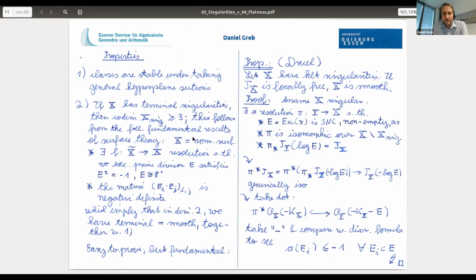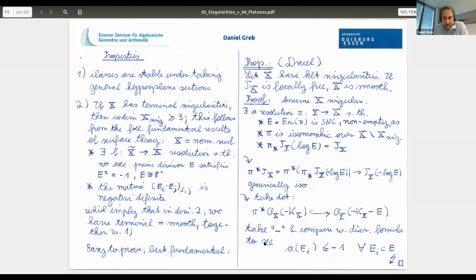So you get a map from pi upper star of O_X of minus K_X to O_Y of minus K_Y minus E. Okay, so this means that you have this subsheaf in minus K_Y minus E, but now remember the discrepancy formula compares the pullback of K_X with the K_Y upstairs, and you see that this forces all the a_i to be smaller than or equal to minus 1.